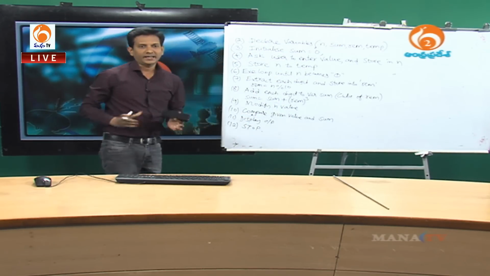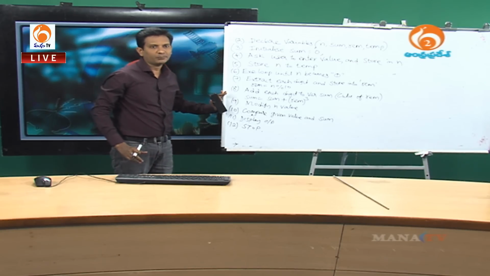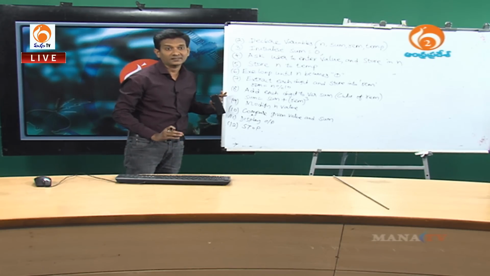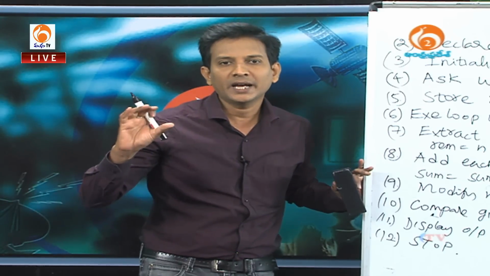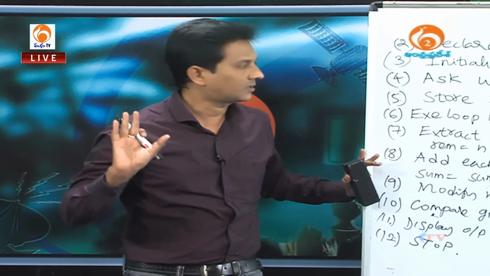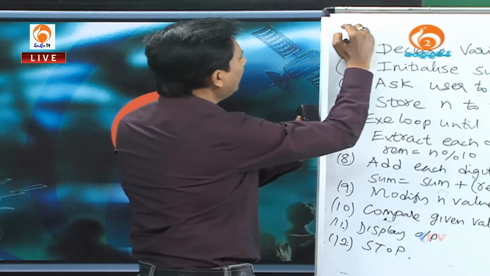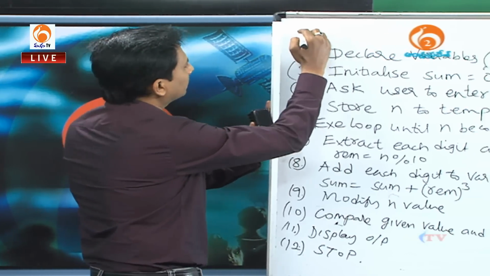So, include the header files. I am not writing them here due to the space problem: hash include stdio.h, hash include conio.h. I am just ignoring them and starting from void main or int main.